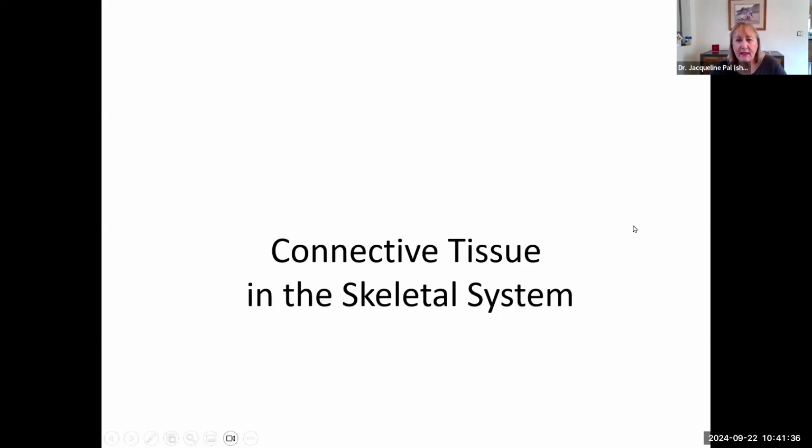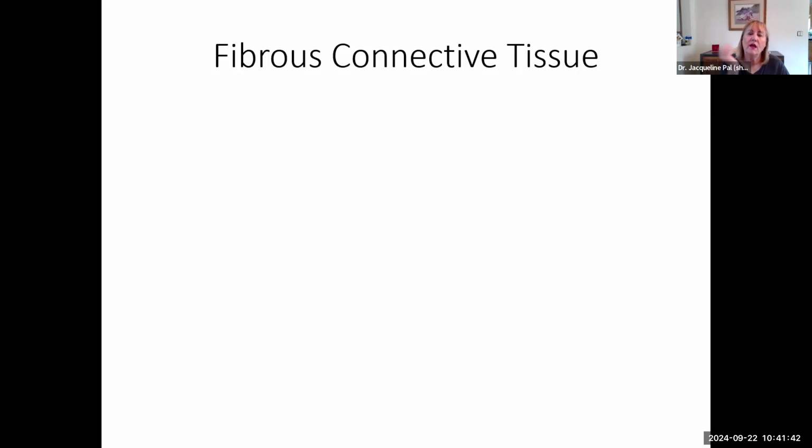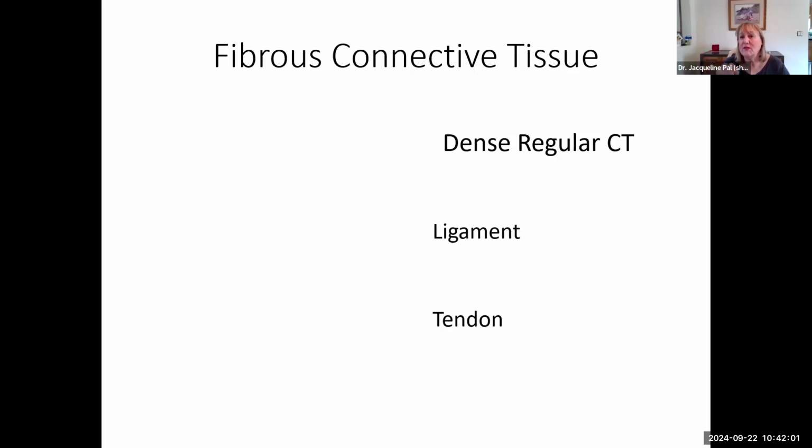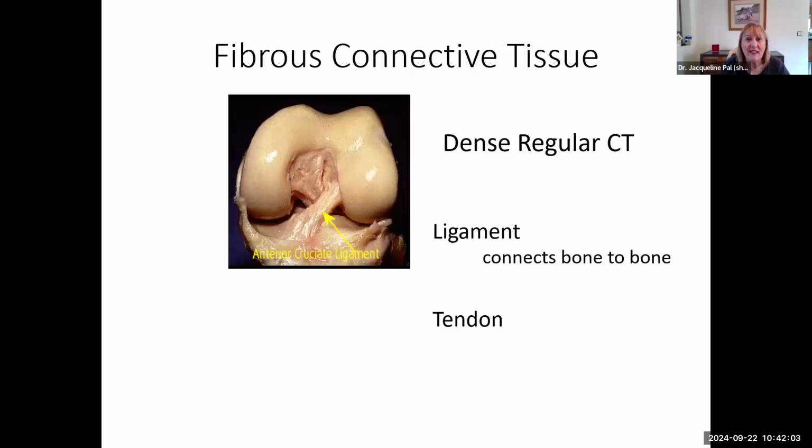Welcome back. In this section, let's look at connective tissue that's found in the skeletal system. So, in addition to the periosteum that I mentioned, which was dense, irregular connective tissue, we can also find fibrous or dense connective tissue that is dense, regular connective tissue in the forms of ligaments and tendons.